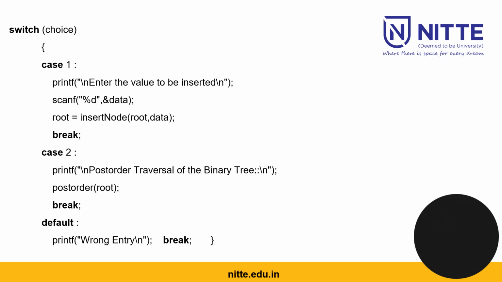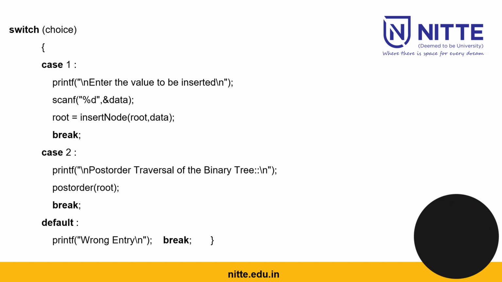Then whatever value you enter will be read and stored at the address of data in the memory. Then we will insert that data into the tree with root equals insert of root, data.